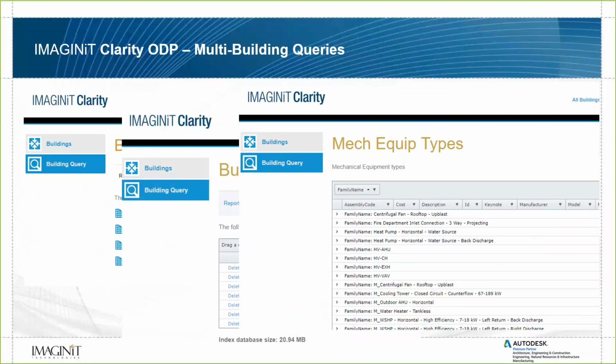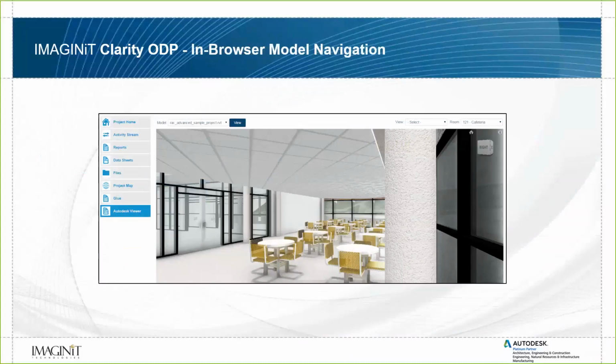Beyond just the flat 2D graphics and the text tabular type of information that we'll have in these cross-building queries, we'll also have the ability to get a 3D model that we can navigate in the web page. So not only am I able to see just a floor plan, a traditional construction document view, I can also, in the Clarity web portal, start navigating around the building so I get a better 3D understanding of what my space looks like.